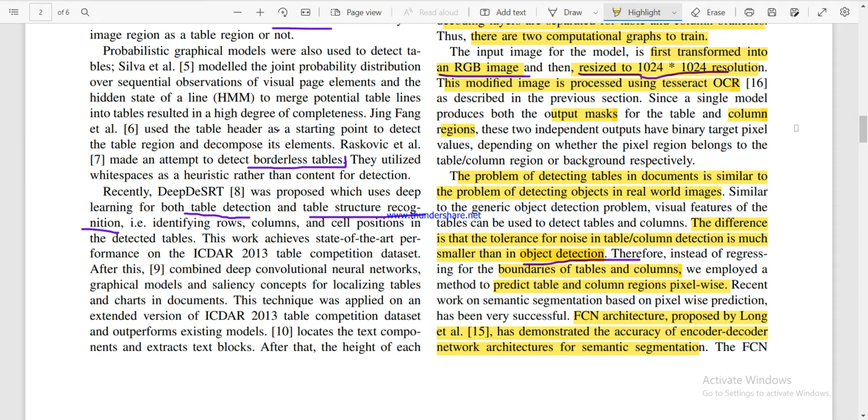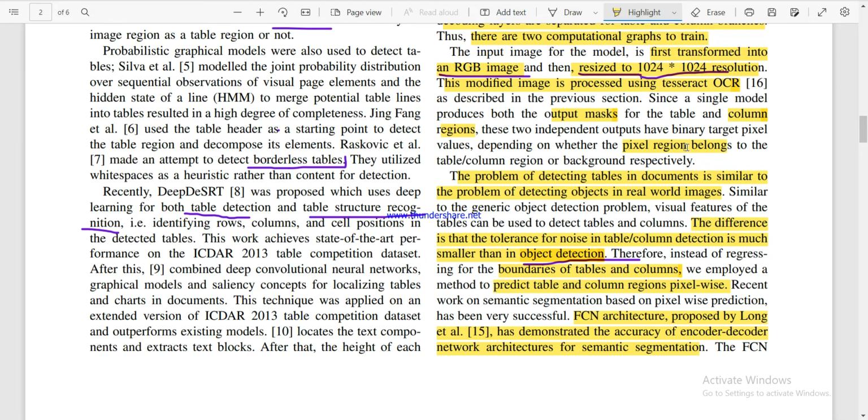The complete process they describe is: first transforming the image into RGB, then resizing to 1024 by 1024 resolution, then using OCR, then masking for column or table, and after masking using the pixel regions, meaning binary target pixels.